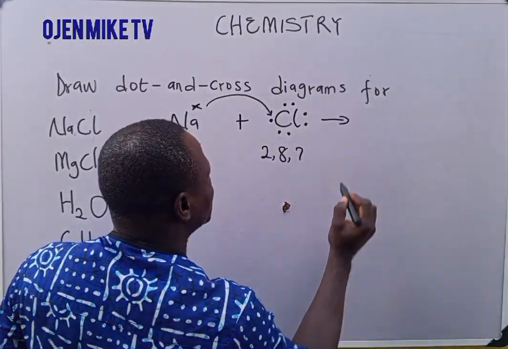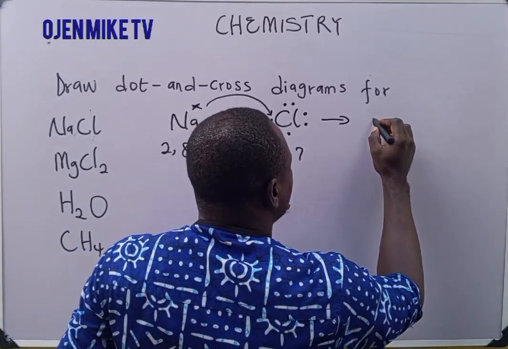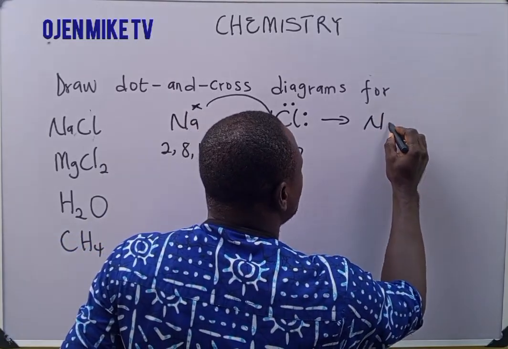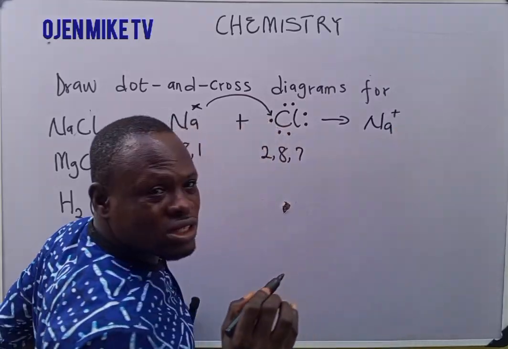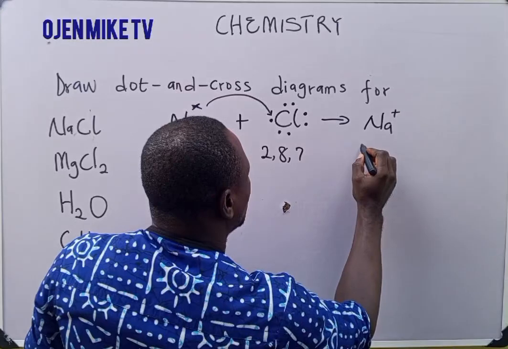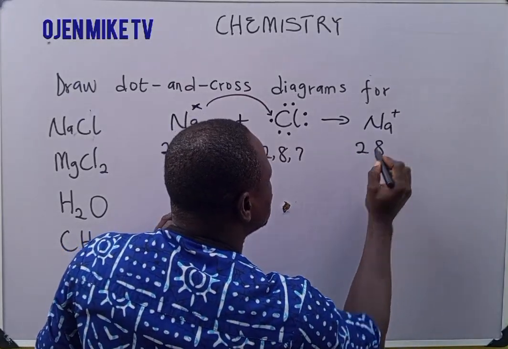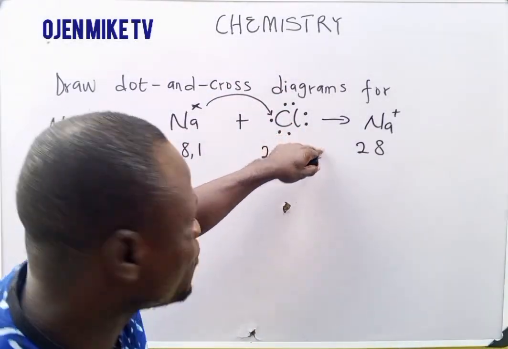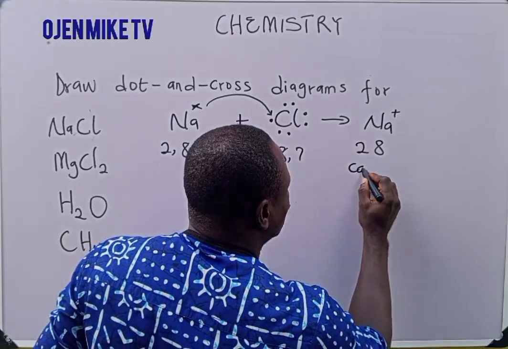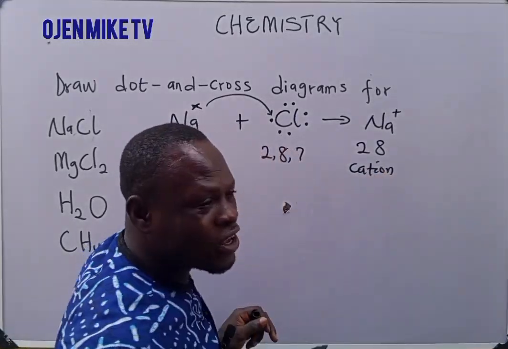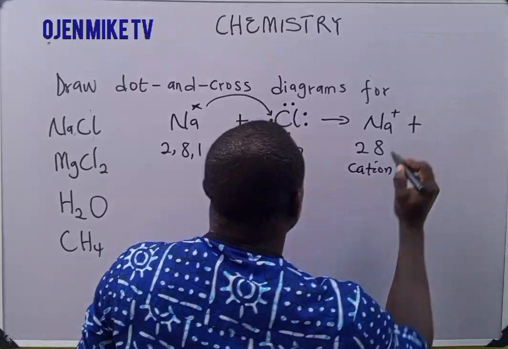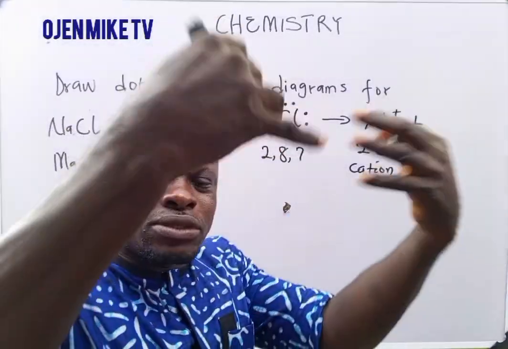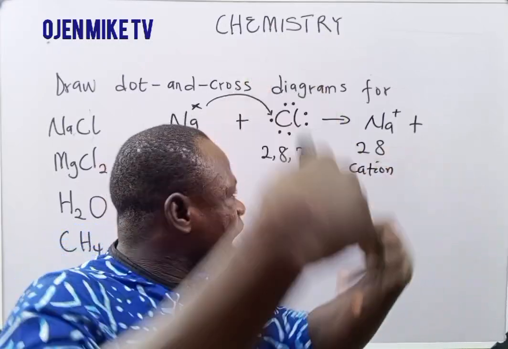You now see something like sodium plus. Are you following? It will now be 2, 8, because it has given this 1 to this chlorine. Now this is what we call a cation. On the other hand, chlorine has accepted 1.